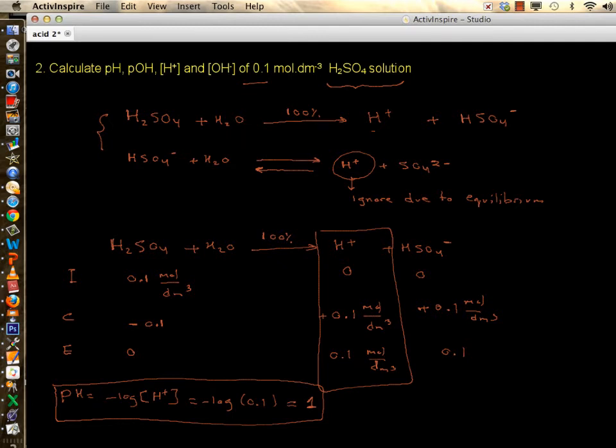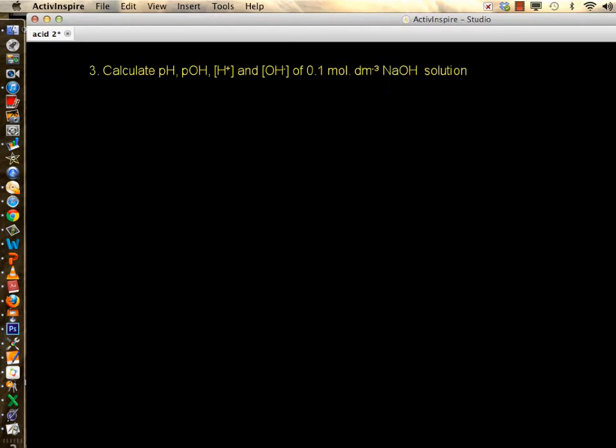Now let's talk about bases, strong bases in this segment only. For example, sodium hydroxide. You should remember group 1 and group 2 hydroxides are strong bases. So let me change the color to white. So sodium hydroxide is going to dissociate 100% to give you sodium ions and hydroxide ion.